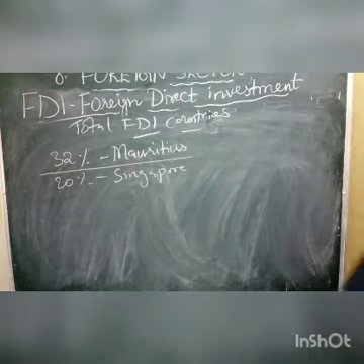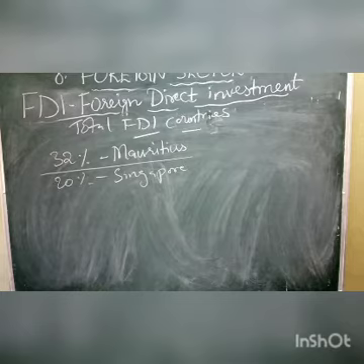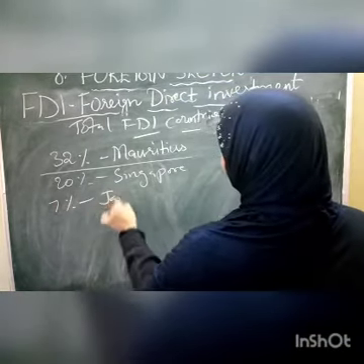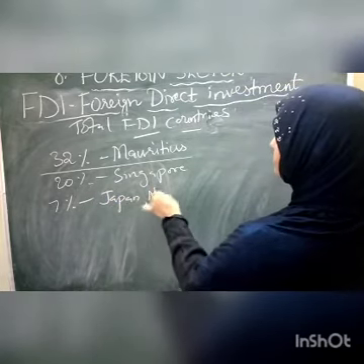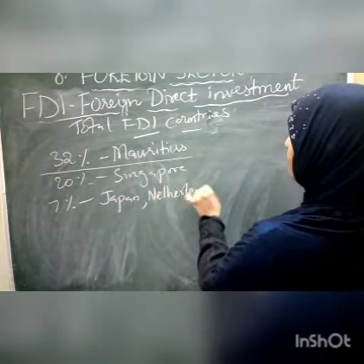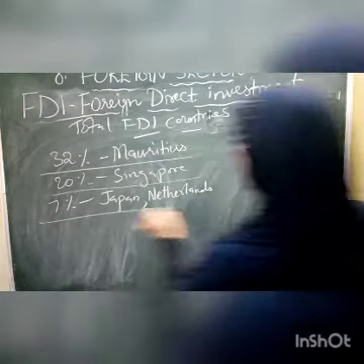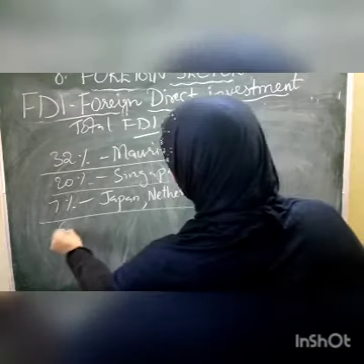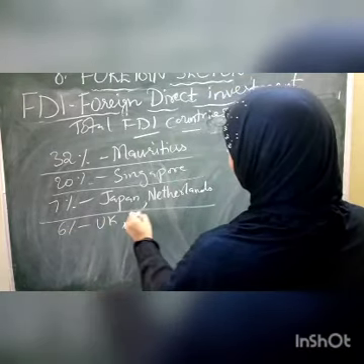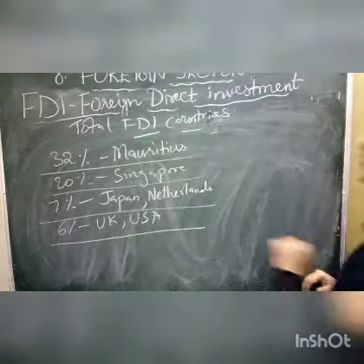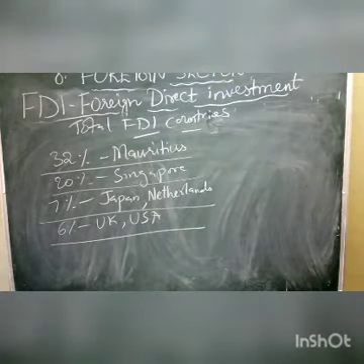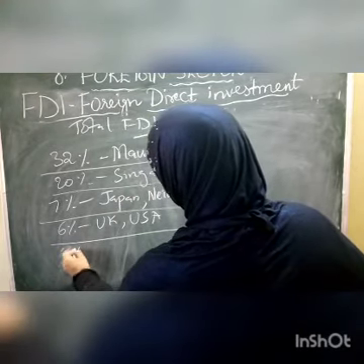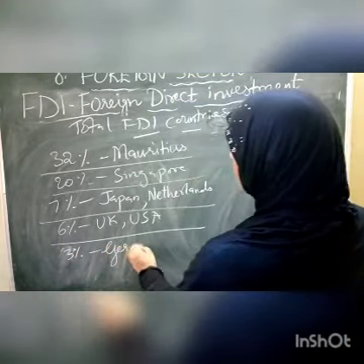Singapore is investing nearly 20%, then 7% each by Japan and Netherlands, children. They are investing in our country, followed by 6% by UK and USA, and 3% by Germany.